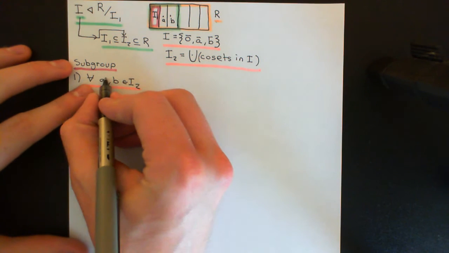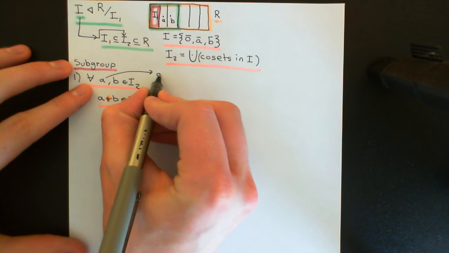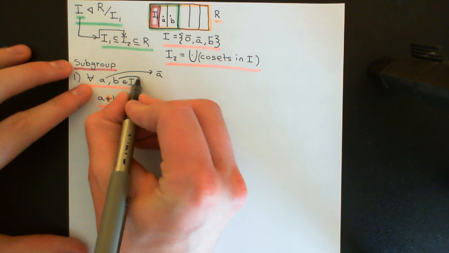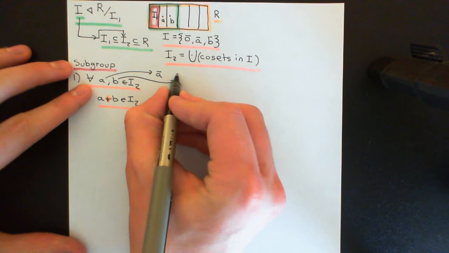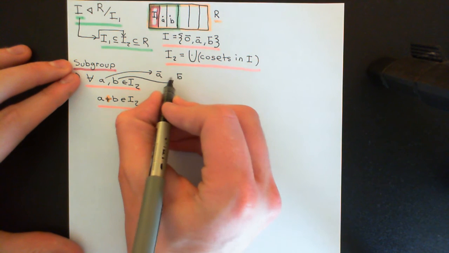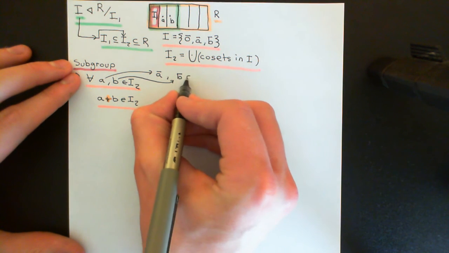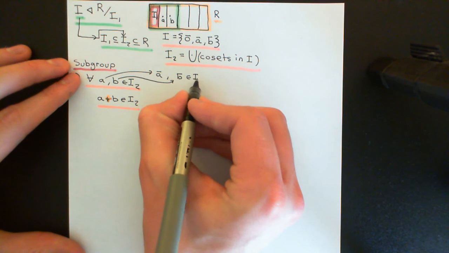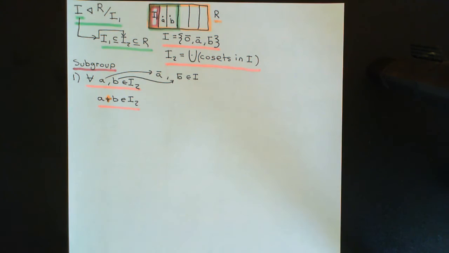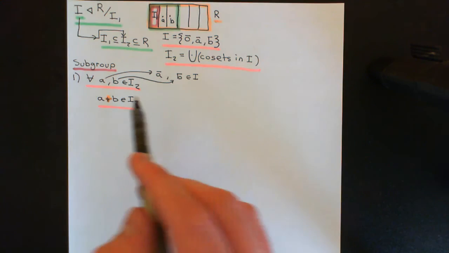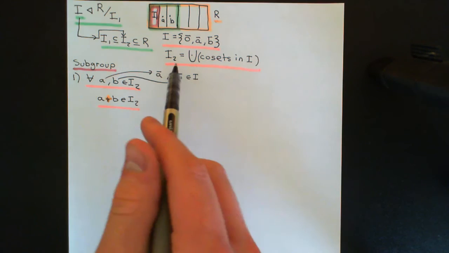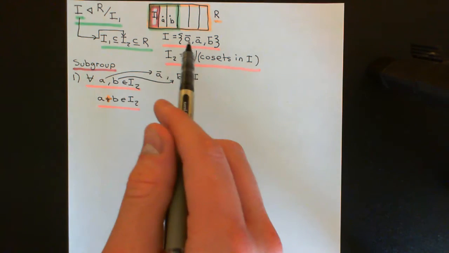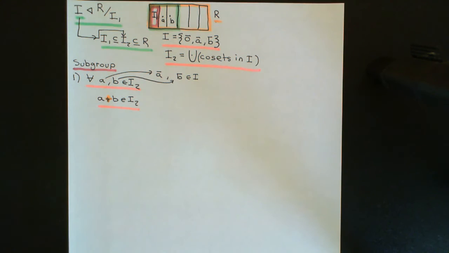So A will have been in some coset, which we can call A bar, we might as well name it after this element A, and B will have been in some coset B bar, and both of these cosets will be within this ideal capital I, which is an ideal of the quotient ring. Okay, so that's perfectly fine. If those are in this subset capital I2 that we've constructed in this way, then they must have been in cosets that were in the ideal capital I.